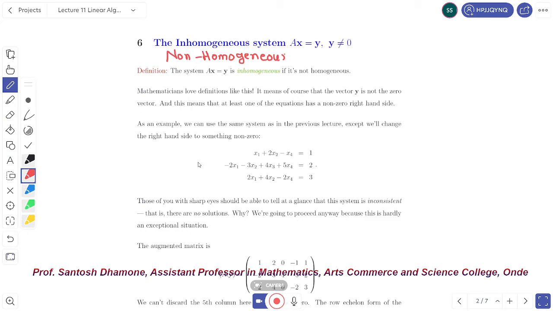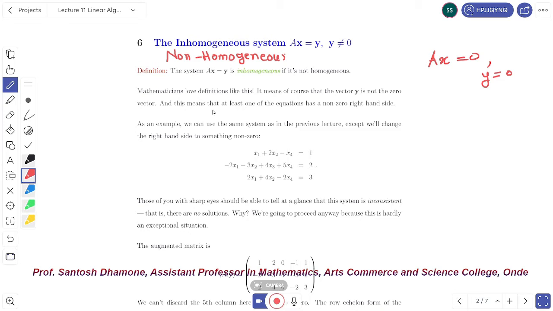We know that in a homogeneous system, Ax = 0, that is, vector y is equal to 0. But in a non-homogeneous system, this vector y is not 0.